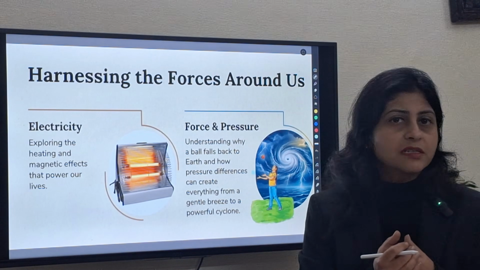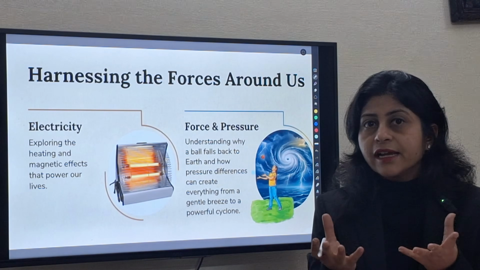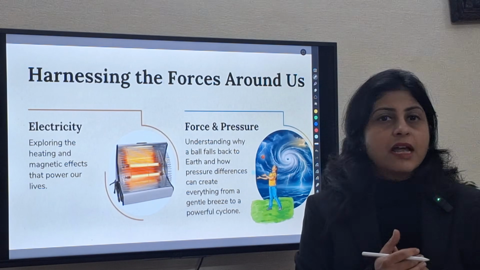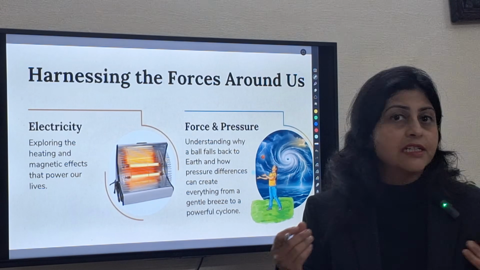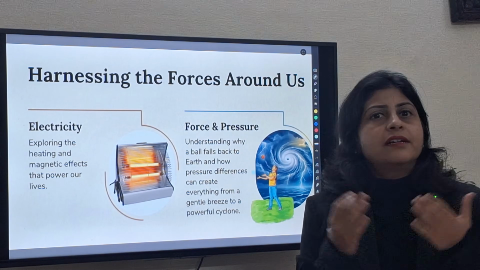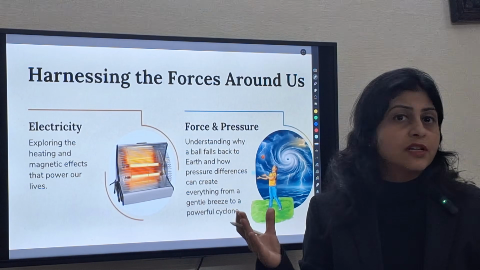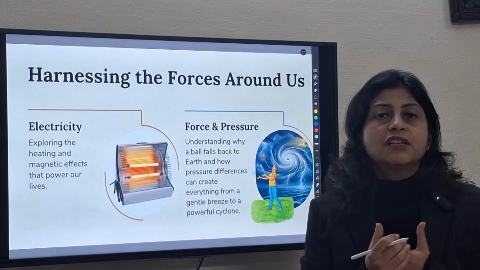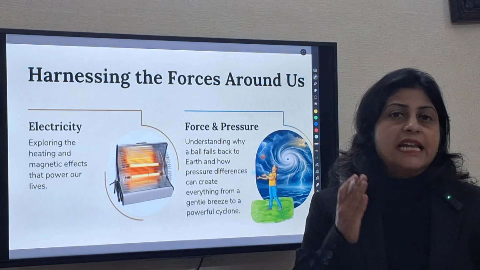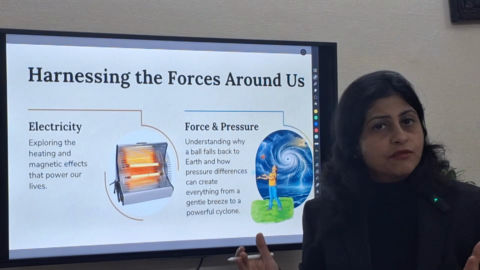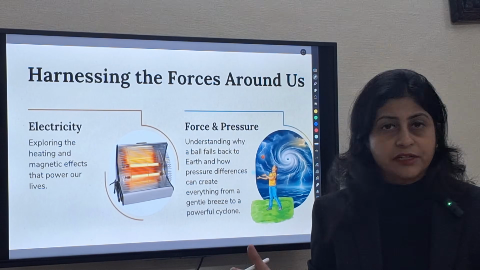How does it warm us? Or why an electric iron, we just plug it in and it gets warm? How do we iron our clothes? How does it get heated? Or how does a ceiling fan work? So all this we are going to study in the chapter Electric and Magnetic Effects of Electric Current.